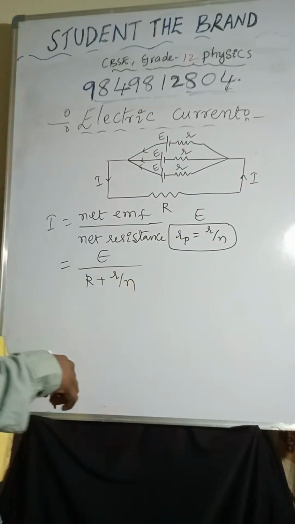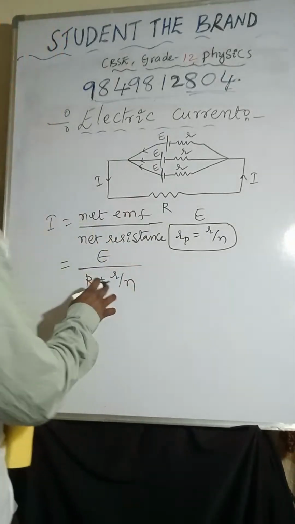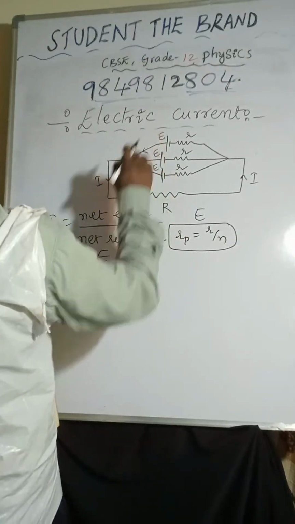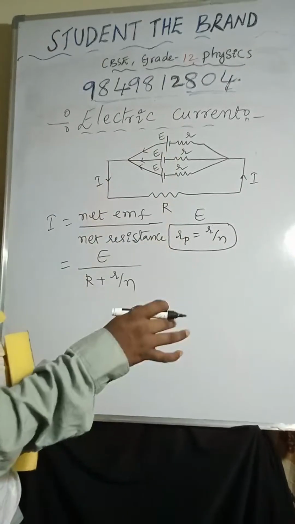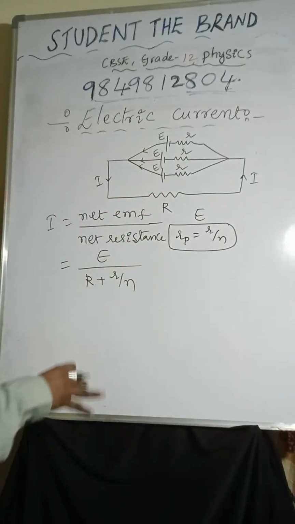Correct? Yes or no? So I equals E by R plus r/n. Because the EMF is the same and the internal resistance is the same, if cells are connected in parallel combination, then the formula is this one.